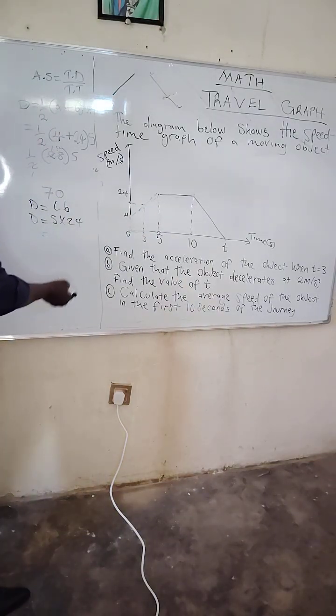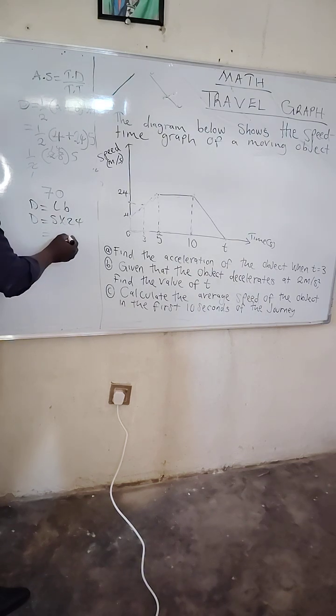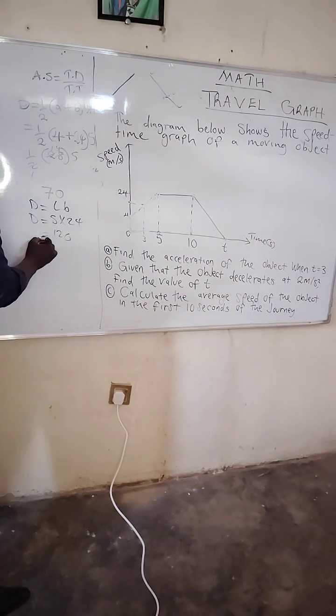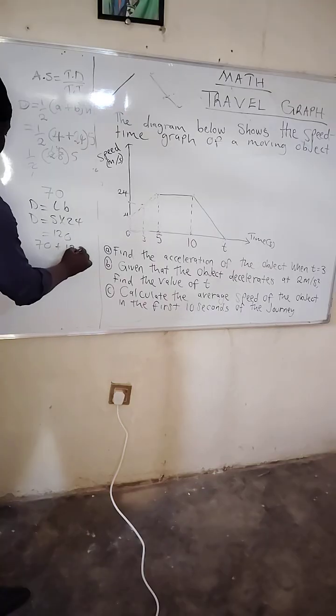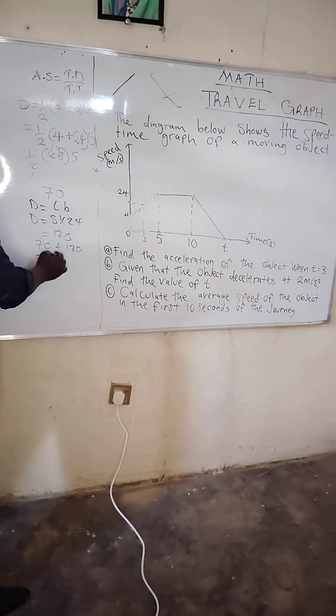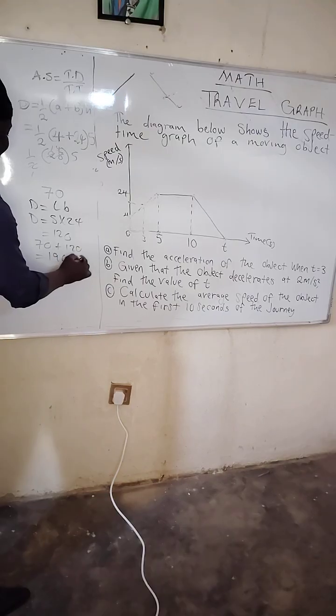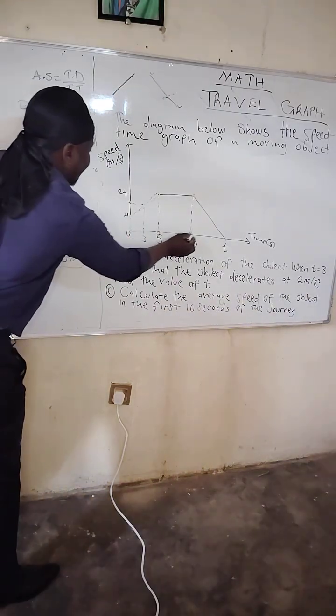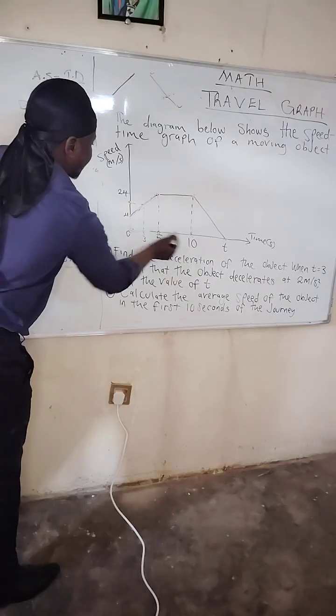So 5 times 4, what do you have? 20. Write 0, you carry 2. 5 times 2, 10, plus the 2, 12. Then now you add 70 plus 120 equals what? 190. So this is the distance. If the question was to calculate the distance in the first 10, then you end here.